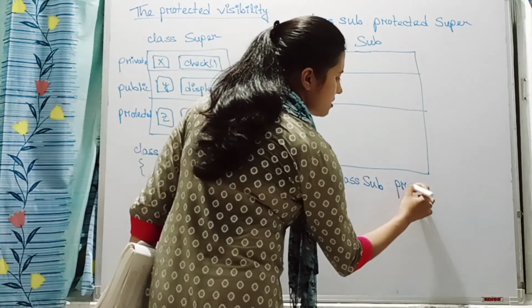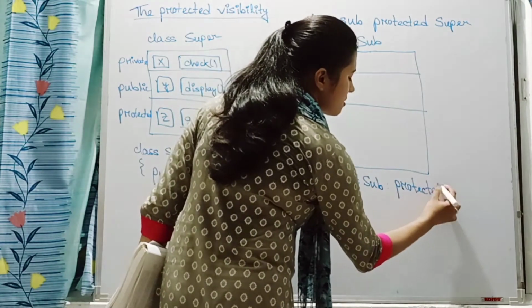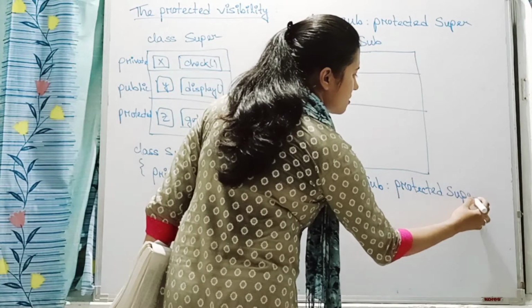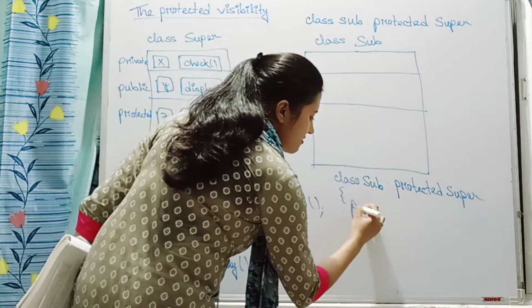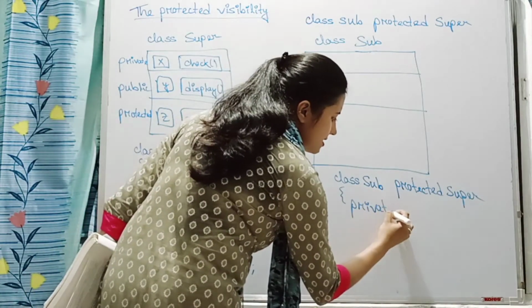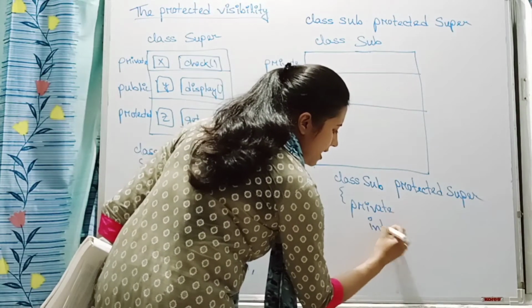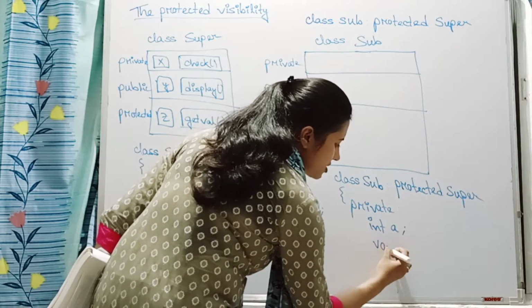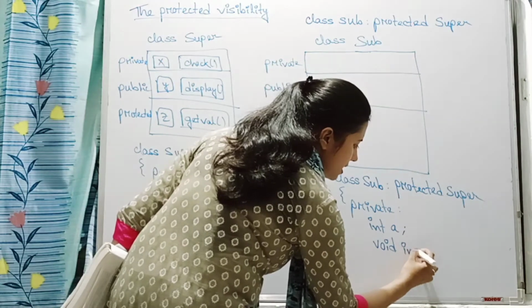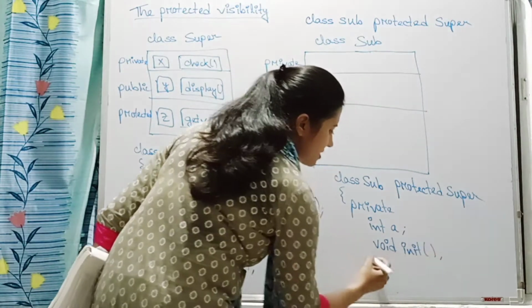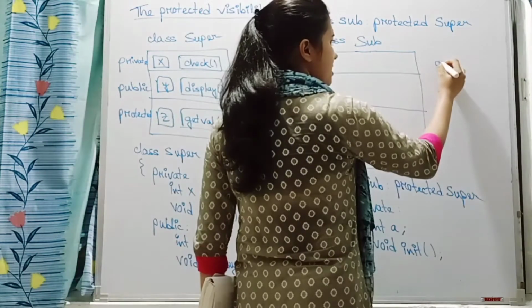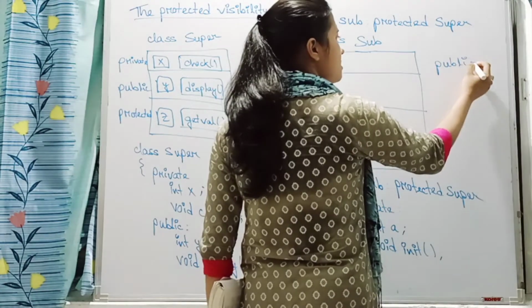Protected super. So under the private section, let us define like this. Data member is A and member function is init under the private section. Then I am writing here under the public section.